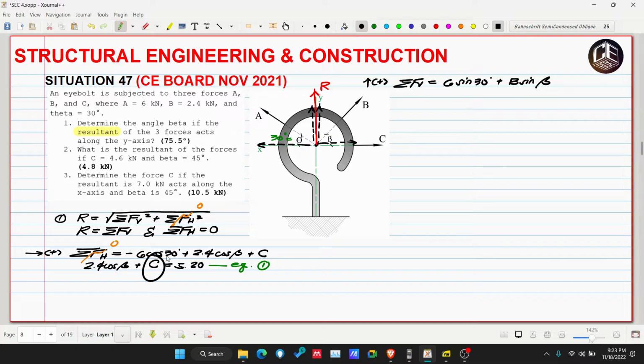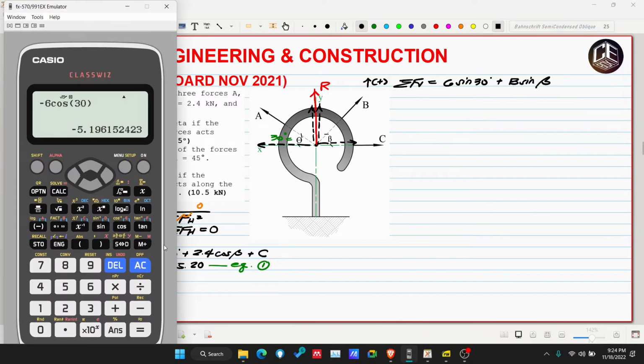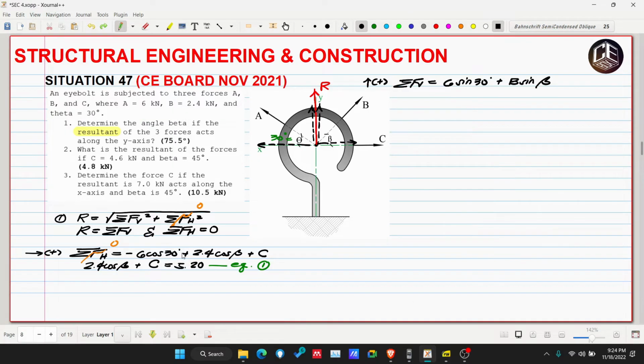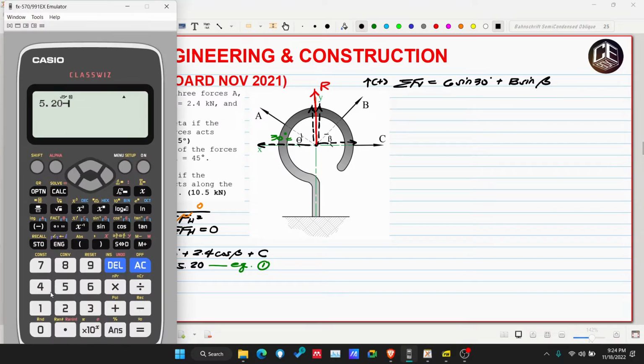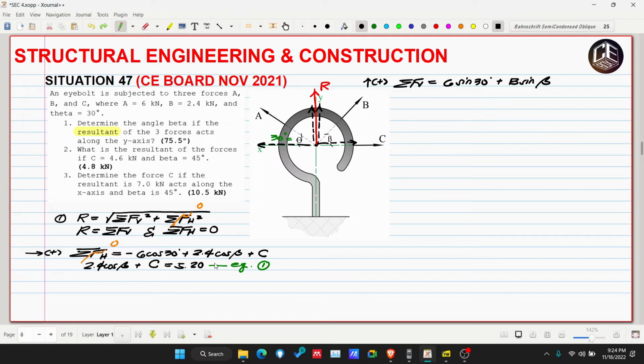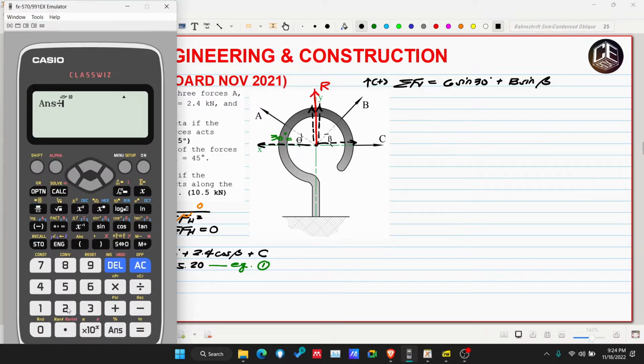So let's try if the value of C is 4.6, which is the given in number 2. Problems in board exams sometimes have errors. So let's try. If C is 4.6, we transpose: 5.20 minus 4.6 is 0.6, divided by 2.4 is 0.25.